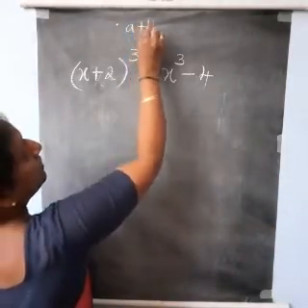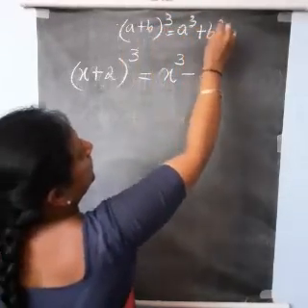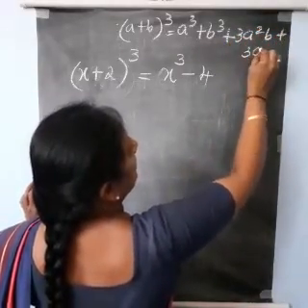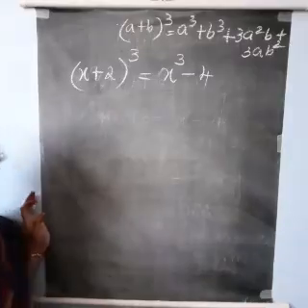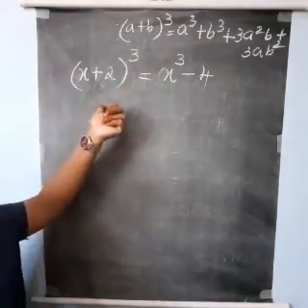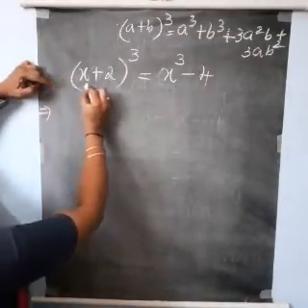(a plus b) the whole cube is equal to a cubed plus b cubed plus 3a squared b plus 3ab squared. I hope you remember that. Anyway, using this formula, let me expand the left hand side. What will it become? This will be my a and b.